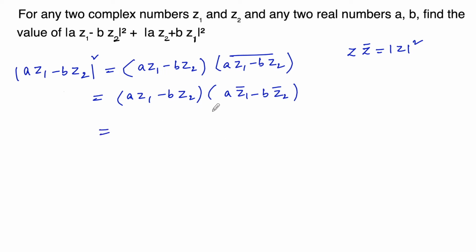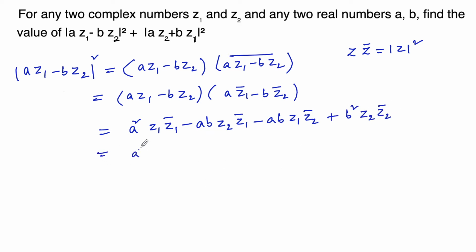Let's multiply: a times a, that is a², z1 into z1 bar, minus a into b z2 into z1 bar, and again minus ab z1 into z2 bar, plus b² z2 into z2 bar.